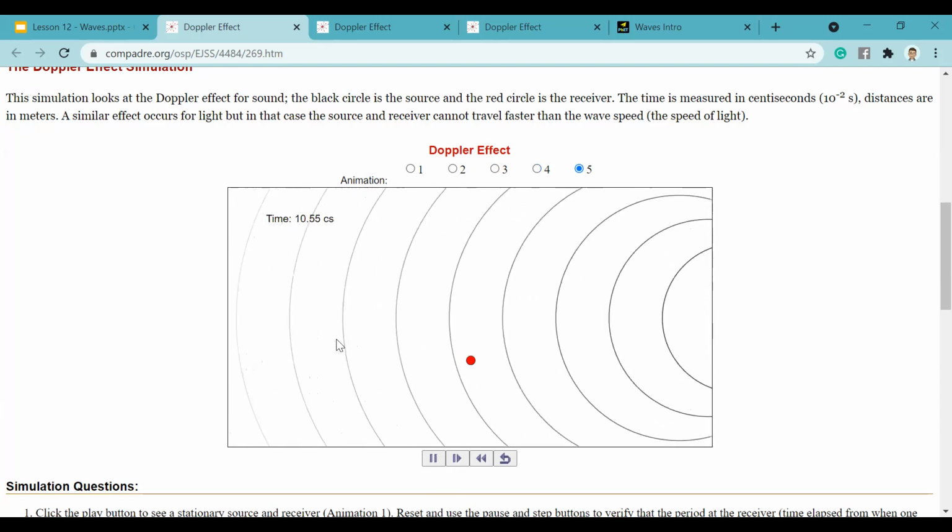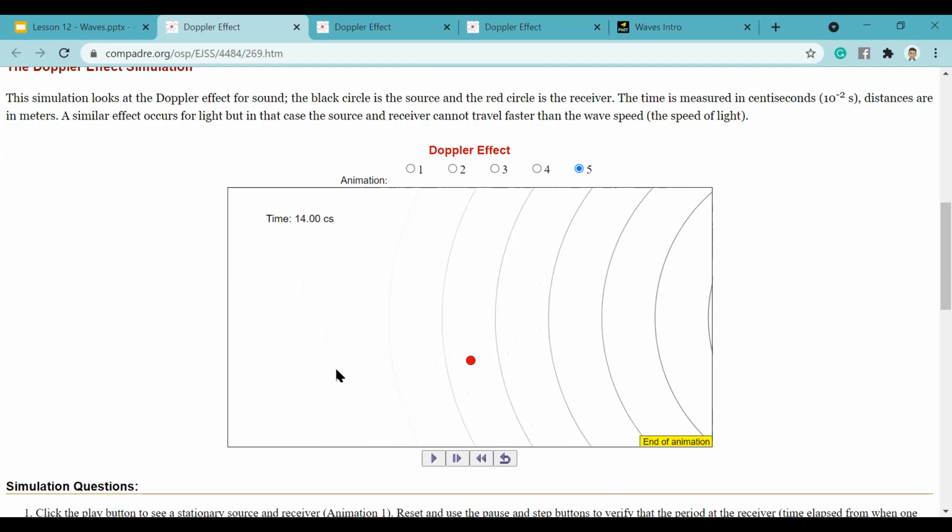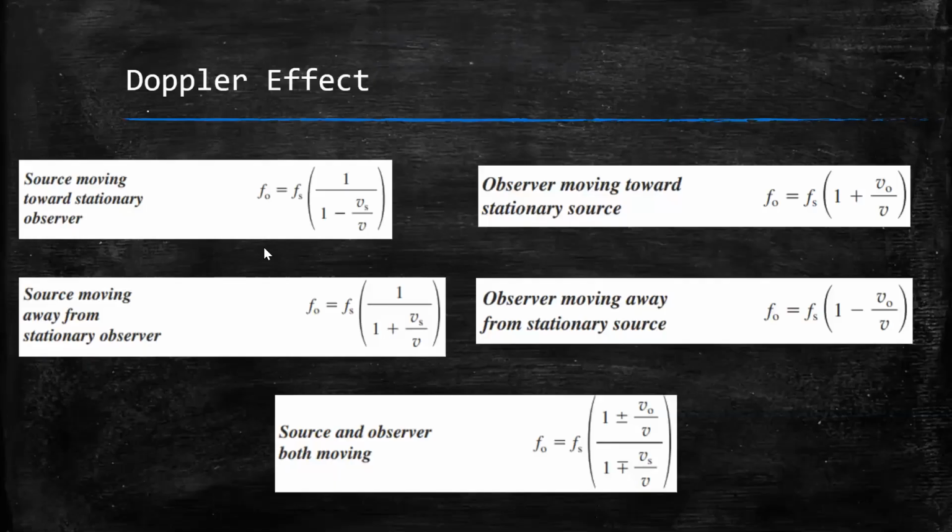So the changes in frequency and the velocity of the observer and the source of the sound can be described by these formulas. So we have here 5 formulas. For the source moving and the observer stationary, we have this formula, where Fo is the frequency heard by the observer and Fs is the frequency emitted or released by the source.